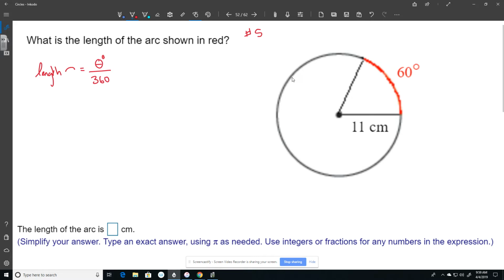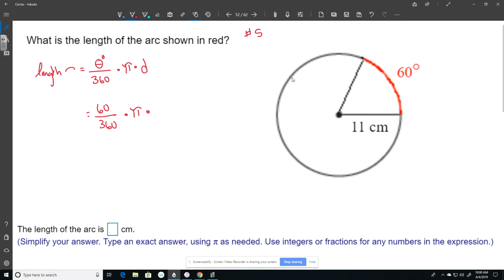It just goes part way around the circle, and that's what this part does. Then we multiply that by all the way around the circle, which is the circumference, which is just pi times my diameter.